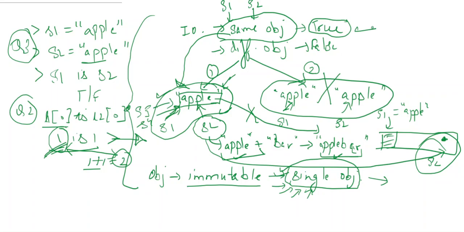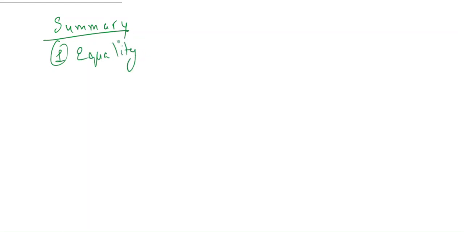Okay guys, now let's summarize what we have seen in this video. So we will create a summary. First, we have seen the equality operator. And the equality operator, we know, compares the value of both the variables, and if the value is the same, then it will return true.